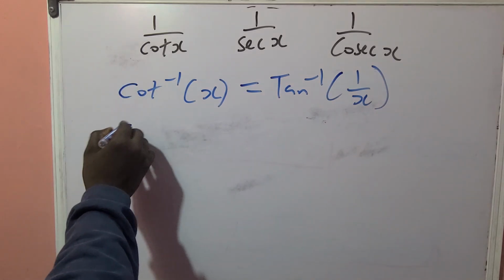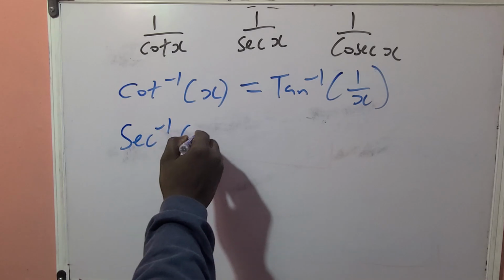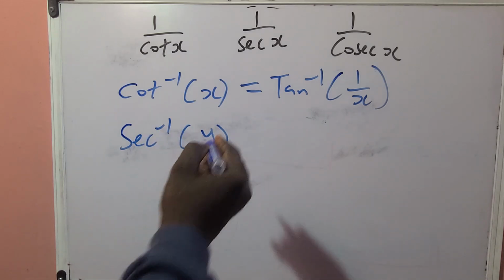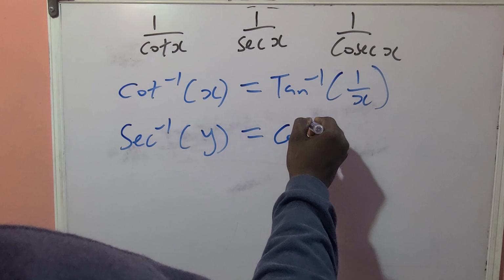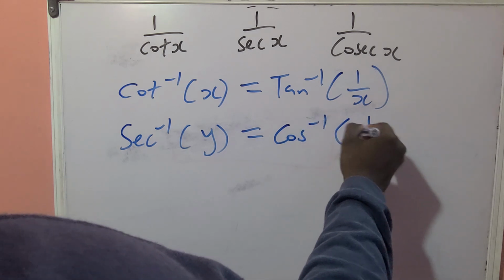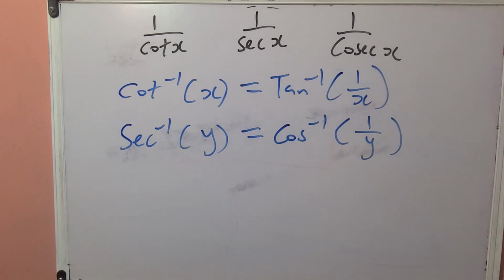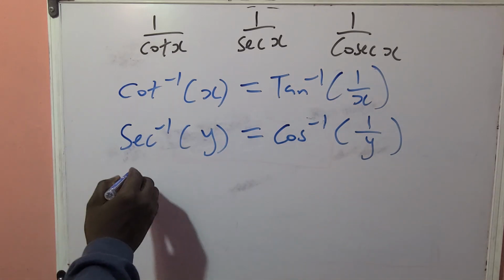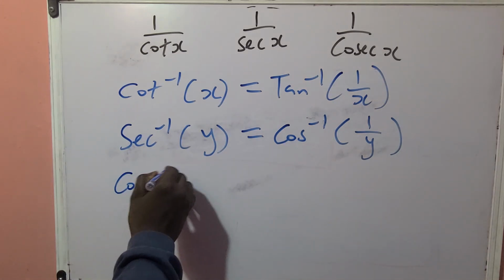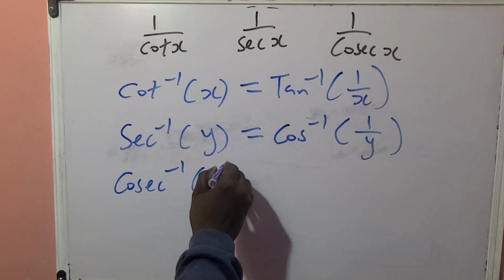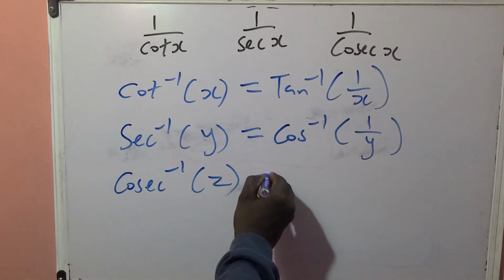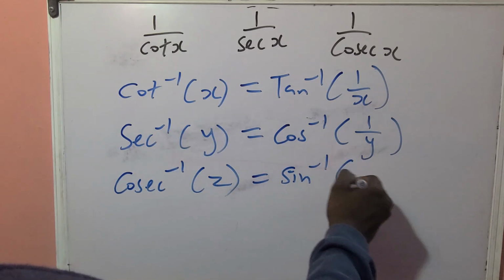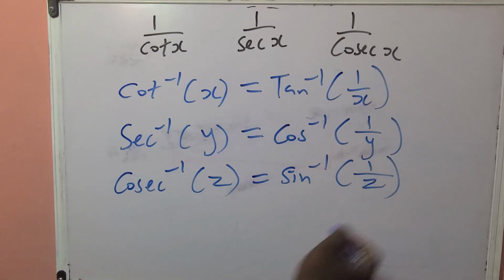So if you have arcsec of, say, y, instead of finding arcsec y on your calculator, which is not very possible, just go on to find the arccos of 1 over y. Again, if you have a situation where you are supposed to find the arccosec of, say, z, any value, just go on to find the arcsin of 1 over z.